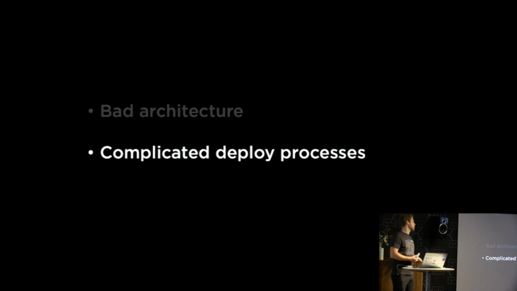Another thing that often makes us fail with DevOps is that we have a complicated deploy process. I talked about that earlier, and it's not just that it's hard to do releases, because if we do releases and we are failing, we become afraid to do releases because we just want to test more, we just need to code more, test more, and so on.